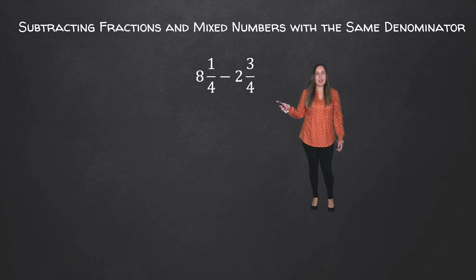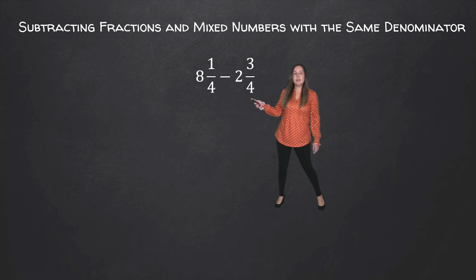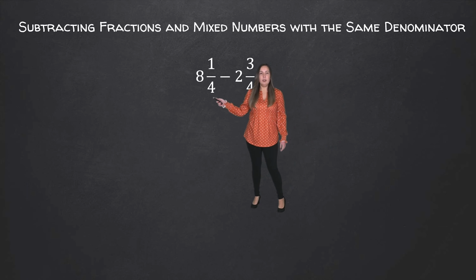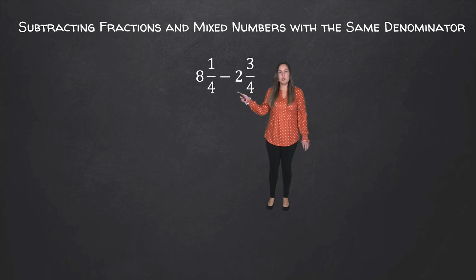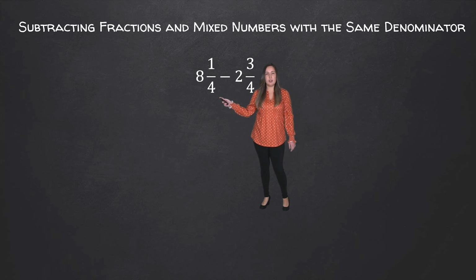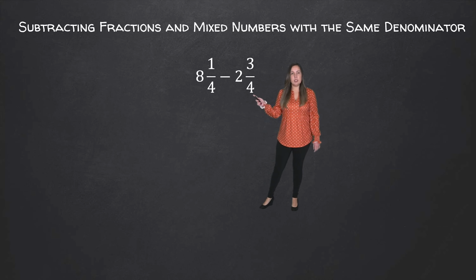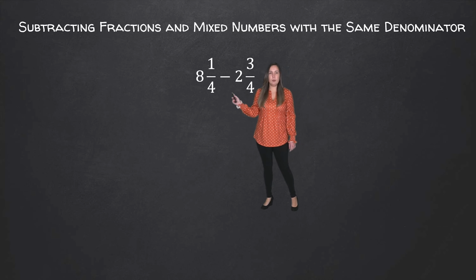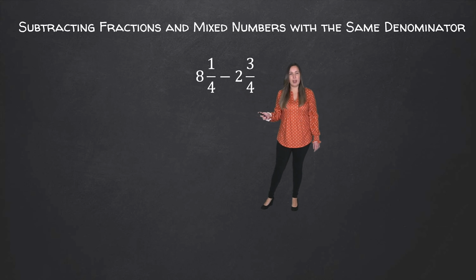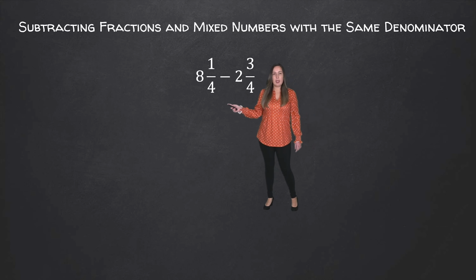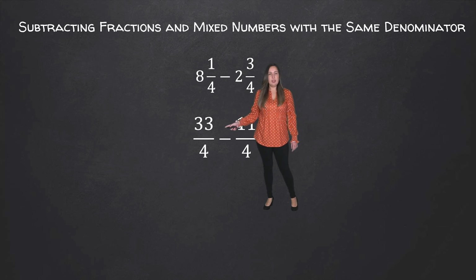So let's do our last example here. Notice the same thing is true here. We can subtract our whole numbers, but then our first fraction in our mixed number here is smaller than this one. So we're going to rewrite these two mixed numbers as improper fractions. So 8 and 1 over 4 is equivalent to 33 over 4.